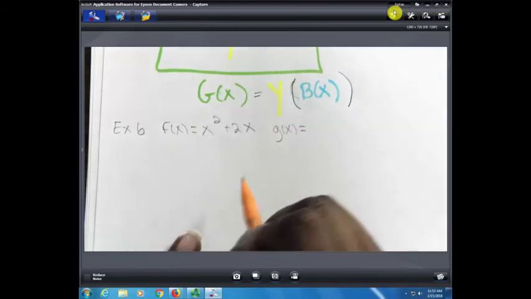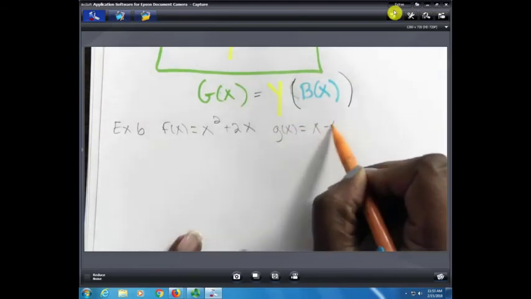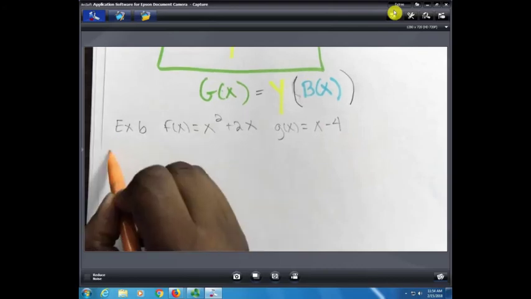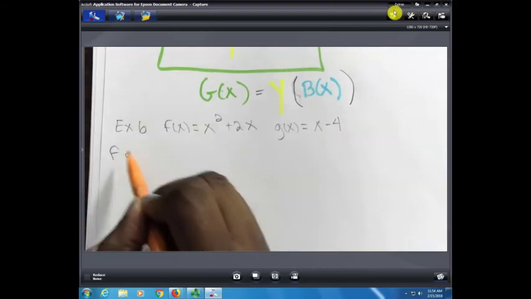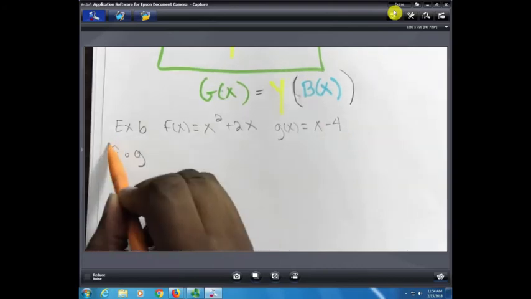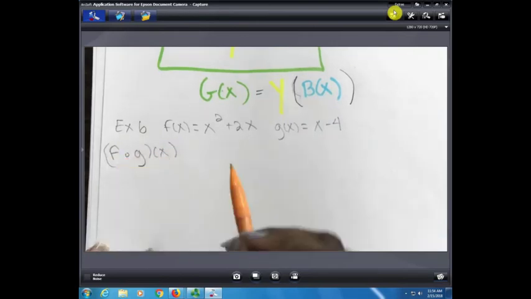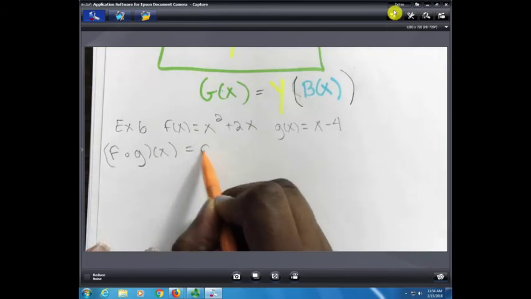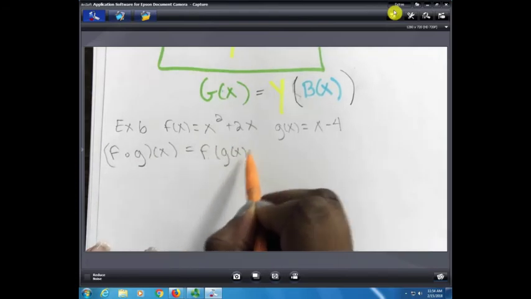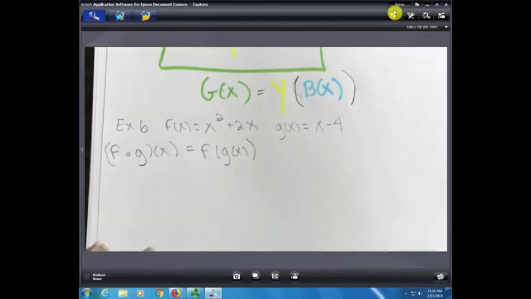G of x is equal to x minus 4. Let's find f as a function of g. You can write it like this, or you can write it like this. Either one is fine.